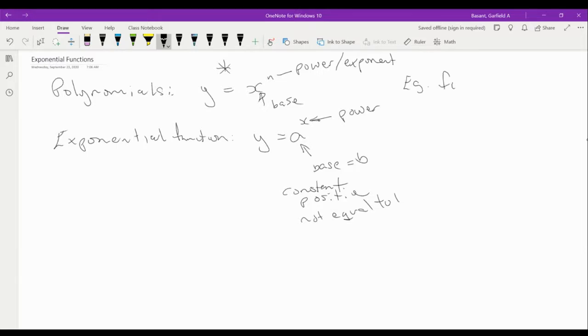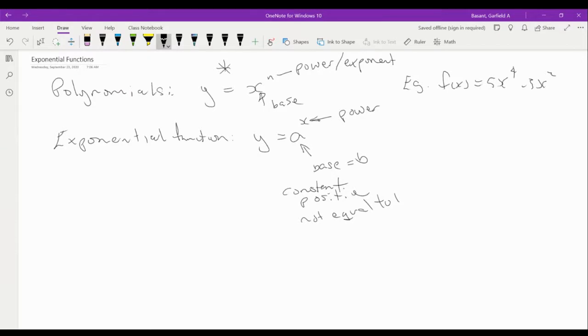For example, this could be f of x is equal to 5x to the fourth minus 3x squared, whatever. So the base is going to be a variable and the exponent is going to be a number. The exponential function is a reverse of that.